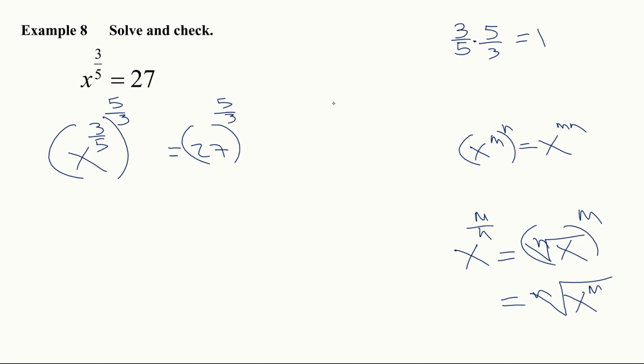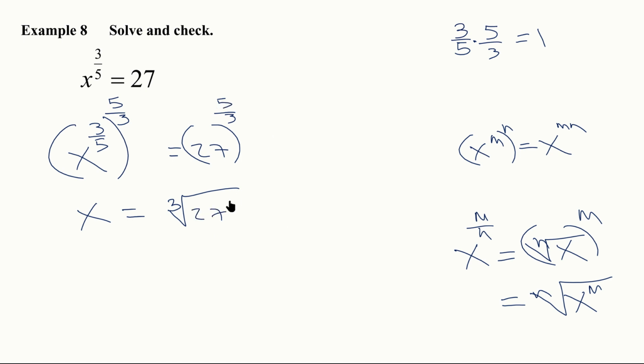Now on the left side, I just get x, right? Because remember, we got to multiply these, and 3/5 times 5/3, that's 1. And x to the 1 is just x, right? On the right side, I get this. Now, it's easier for me to translate that into a radical in order to evaluate it. So remember, when you go to radical mode, the denominator becomes the index, the base becomes the radicand.